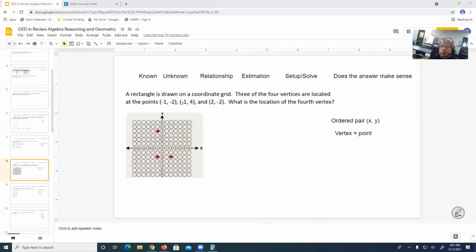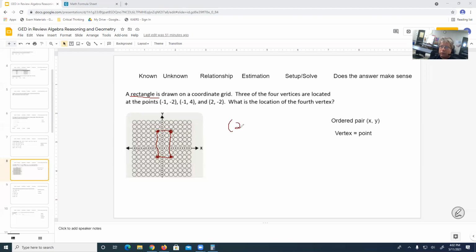So again, what they're saying is you got to have a rectangle. I'm kind of seeing a rectangle starting to show up here. There's one side, there's their side. The other side would have to be over here and like that. So what's missing is this spot right here. So that would be (2, 4) would be missing.